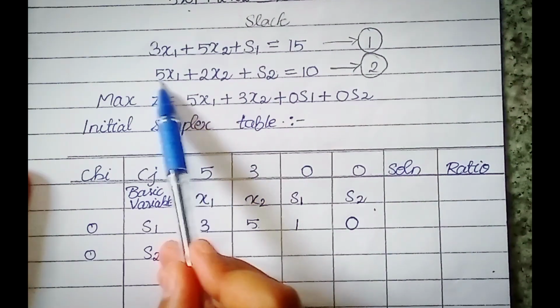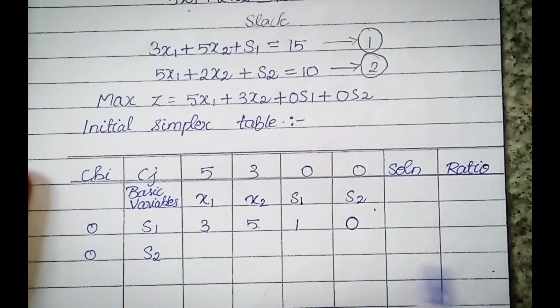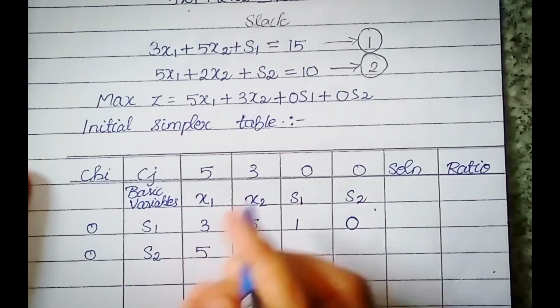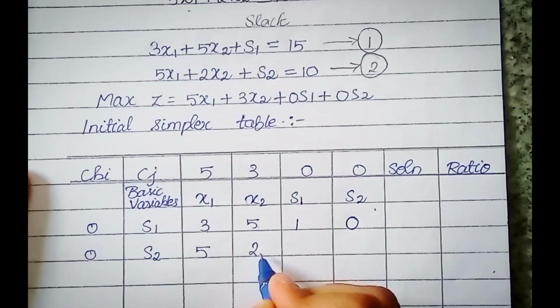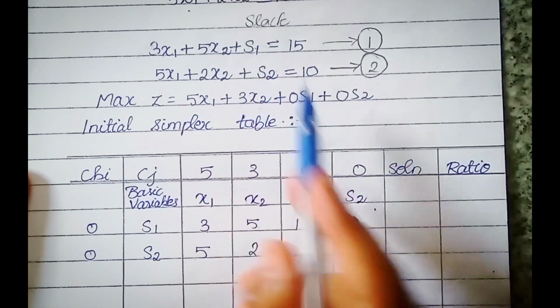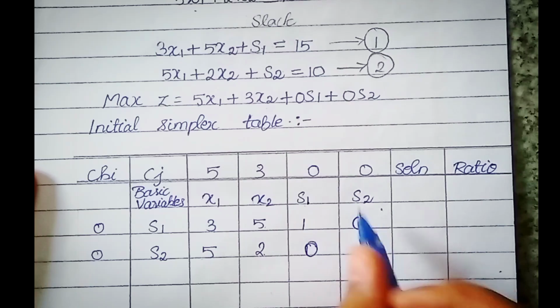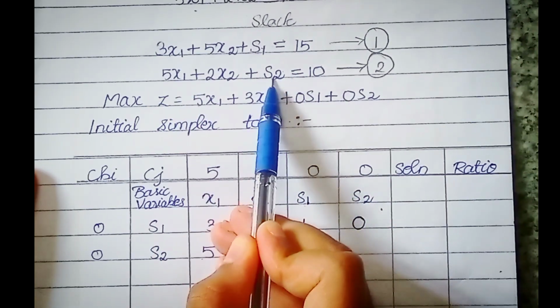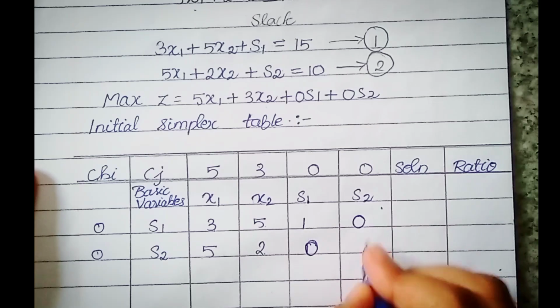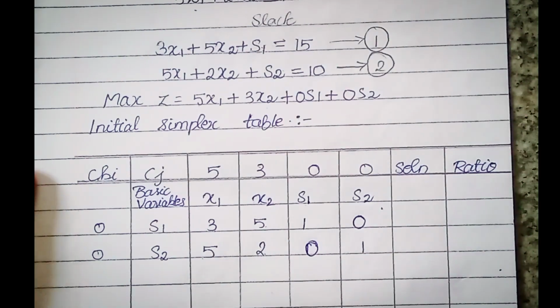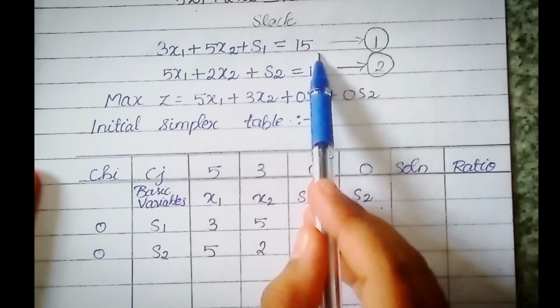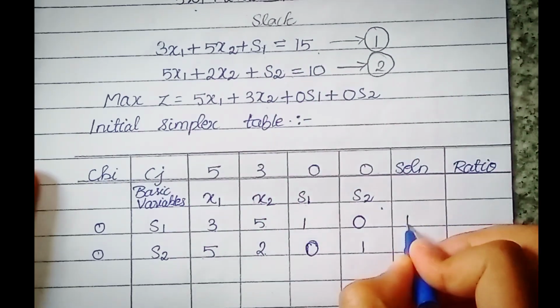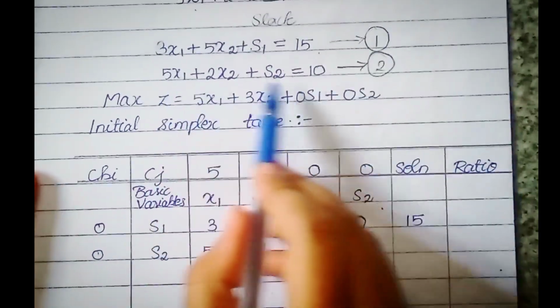Now we should write the second equation here: 5, 2 for x2, s1 will be written 0, because there is no s1 in the second equation. There is s2 in the second equation and the value will be 1. The solution of the first equation is 15. It will be written here. And the solution of the second equation is 10.